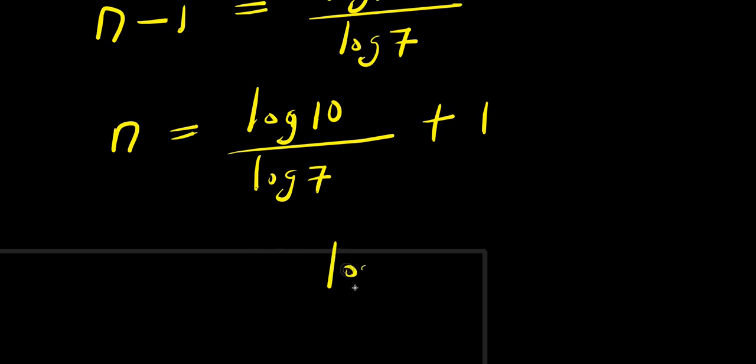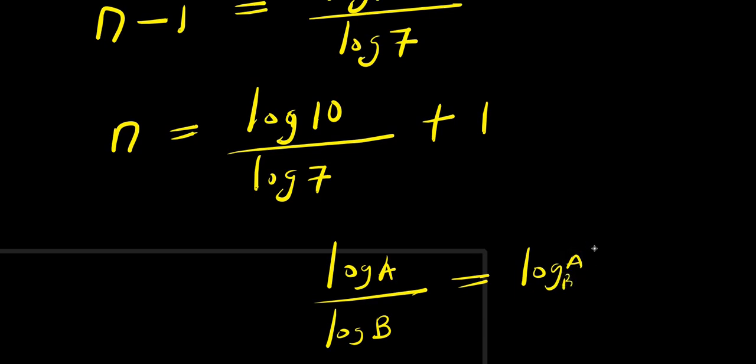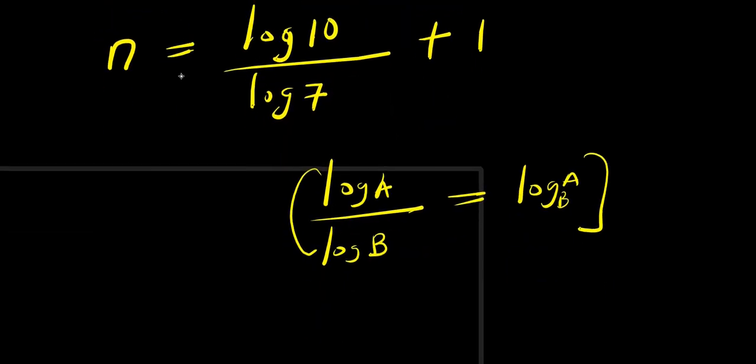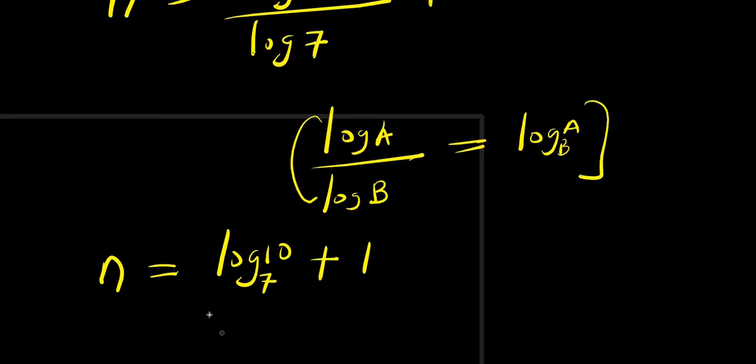If you have log a divided by log b, this equals log a to the base of b. So from here, n equals log 10 to the base of 7 plus 1. So this is our value for n.